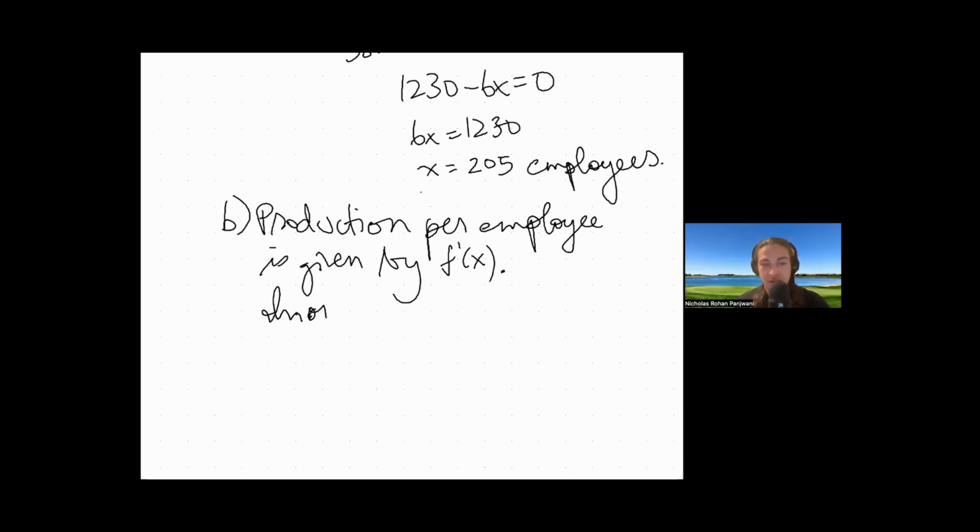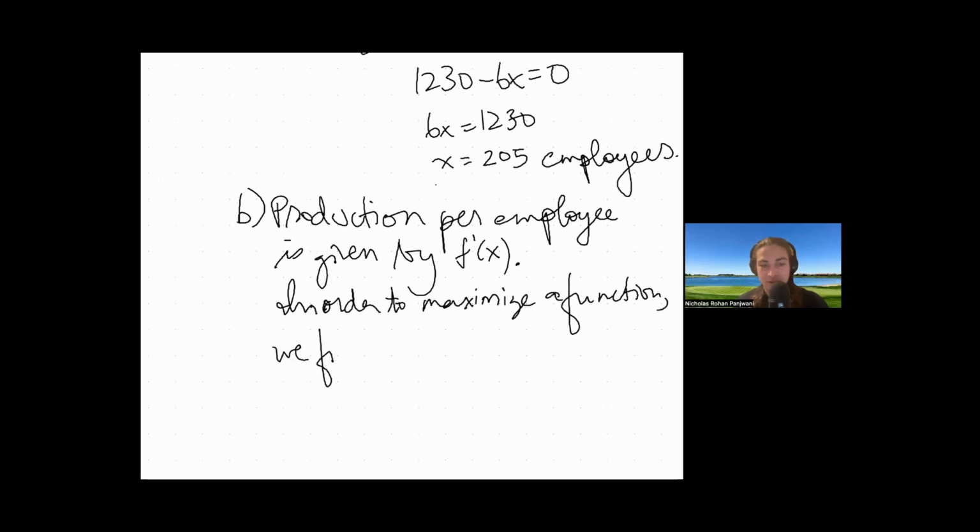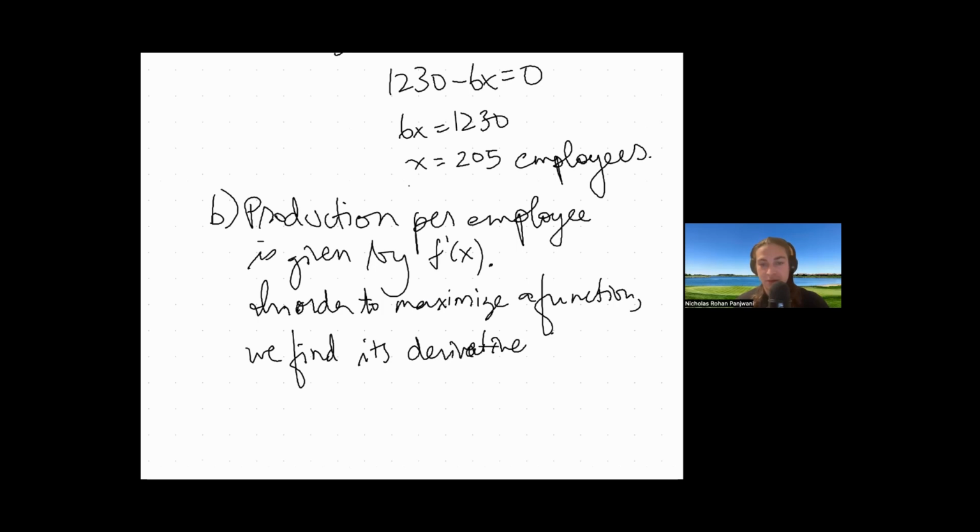In order to maximize a function, we find its derivative and set it equal to 0.